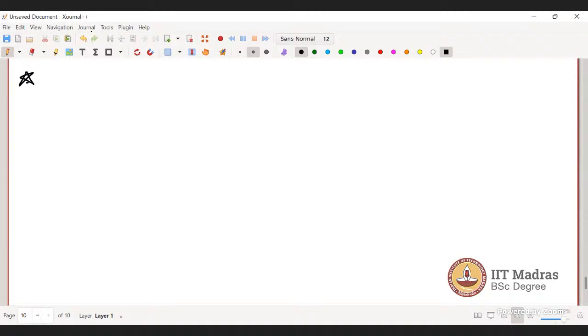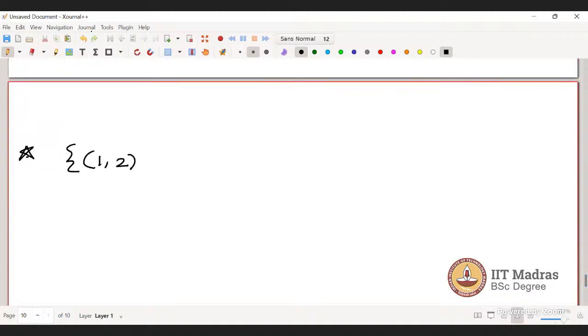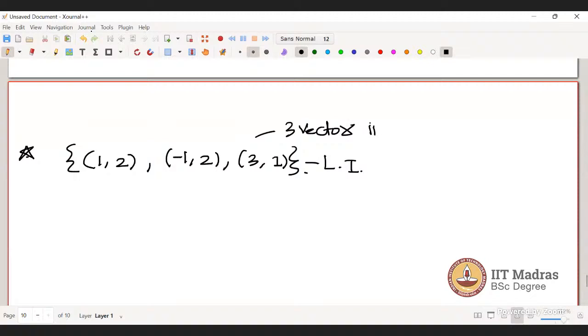The first set cannot be linearly independent, because you have three vectors in R2. So this cannot be linearly independent.